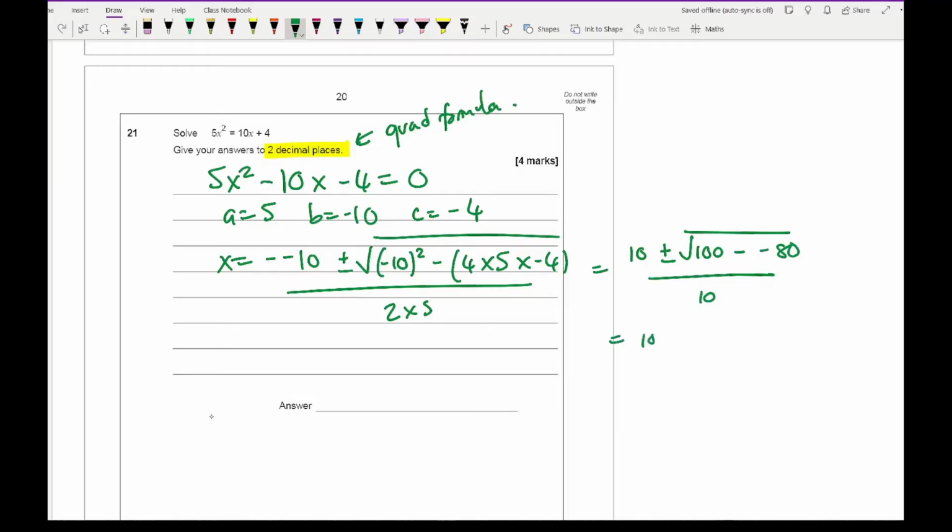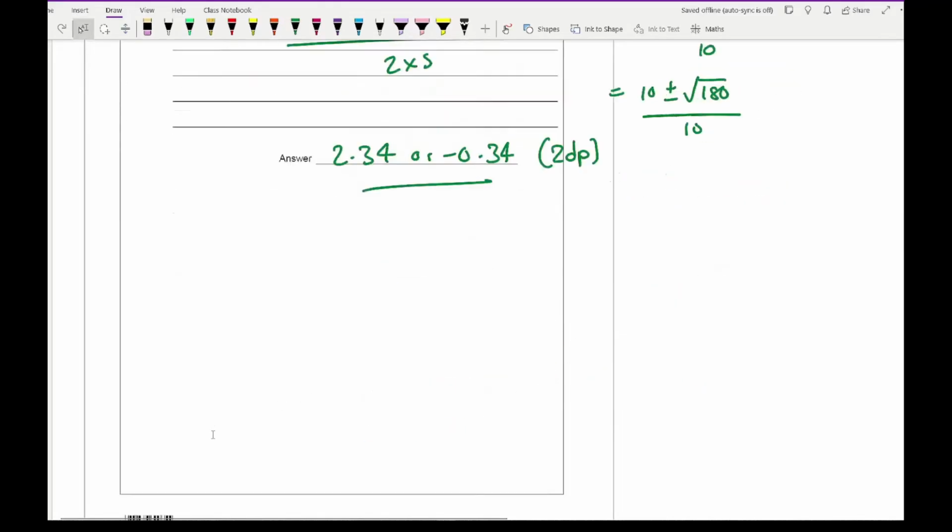So substituting and simplifying, I get 10 plus or minus root of 180 over 10, and this is where I then type it into my calculator, which I should get the answer of 2.34 or minus 0.34, and those are the answers to 2 decimal places.